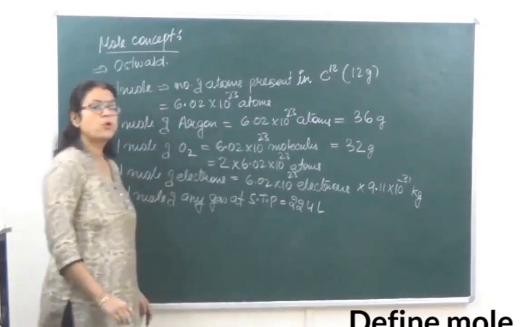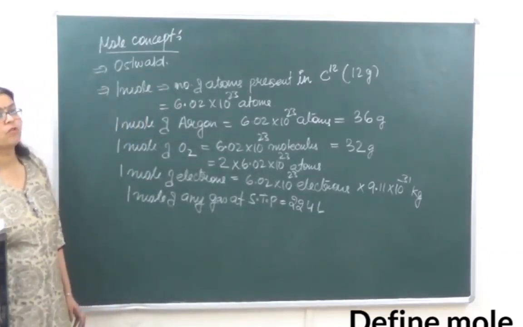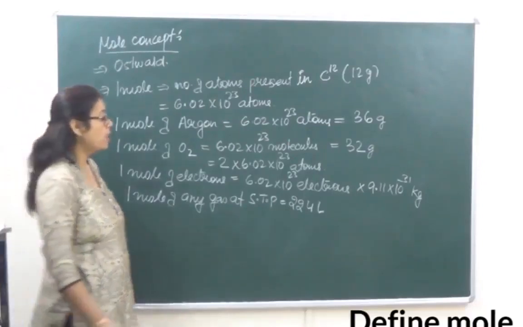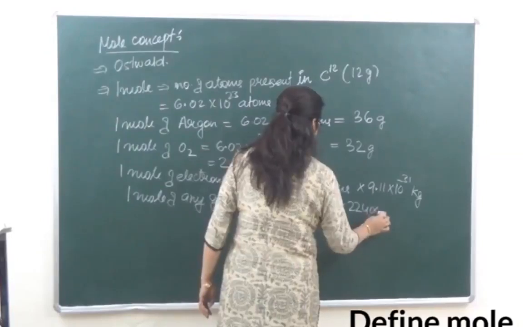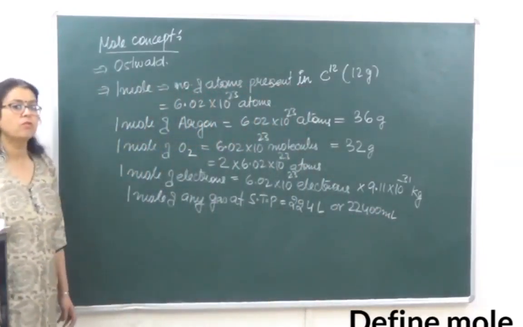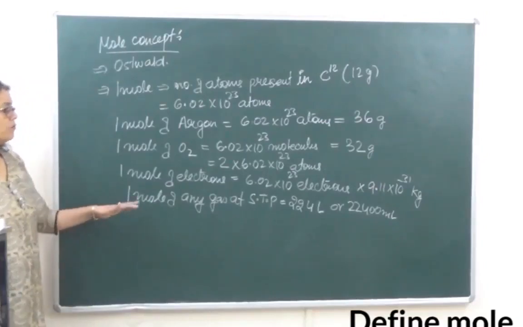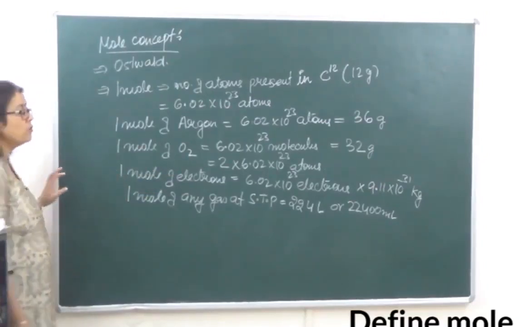It is going to occupy 22.4 liters of volume, right? Or 22400 ml of volume, right? So 1 mole of any gas at STP will have 22.4 liters of volume.